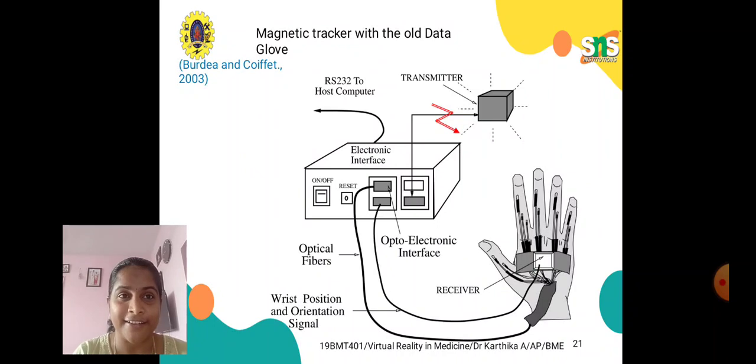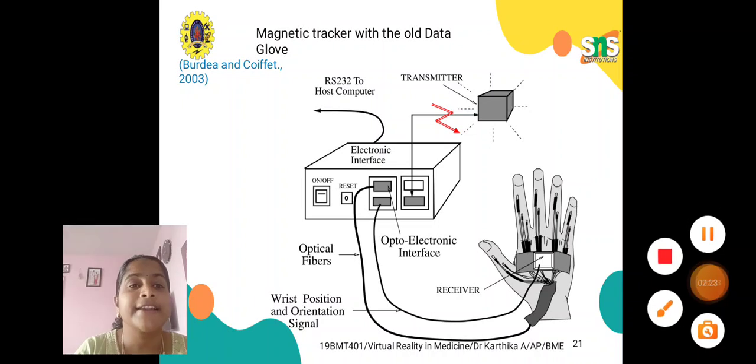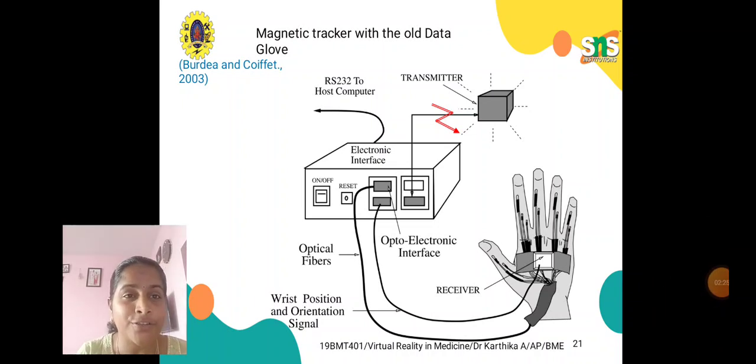Okay, see here a magnetic tracker with the old data glove. Here we have an electronic interface, transmitter and receiver. From the transmitter to the optoelectronic interface. Why is it optoelectronic?